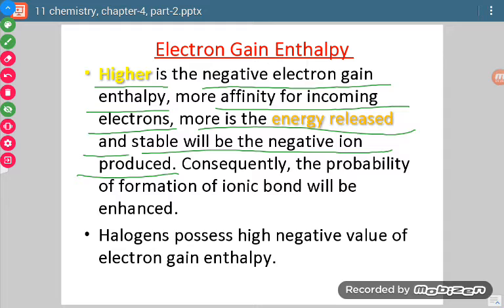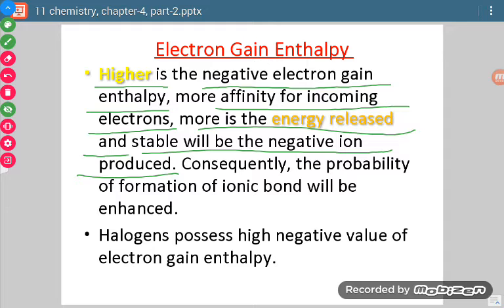If a particular system loses more energy, then it becomes more stable. So delta Heg value, the electron gain enthalpy value, should be highly negative. More negative means more energy is released.